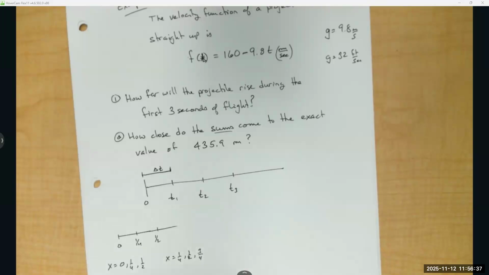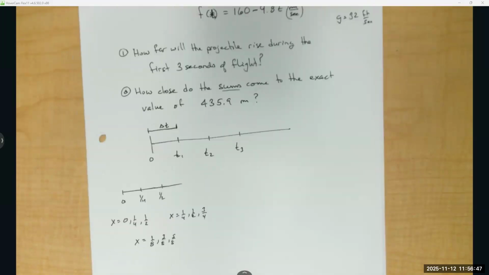And then we went to the midpoints: 1/8, 3/8, 5/8, and so on. So in other words, we can take the lower sum, upper sum, or the midpoint, and we can find which one's the best.